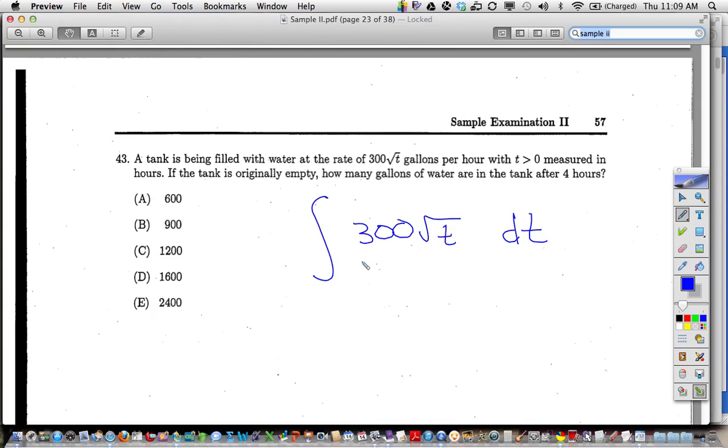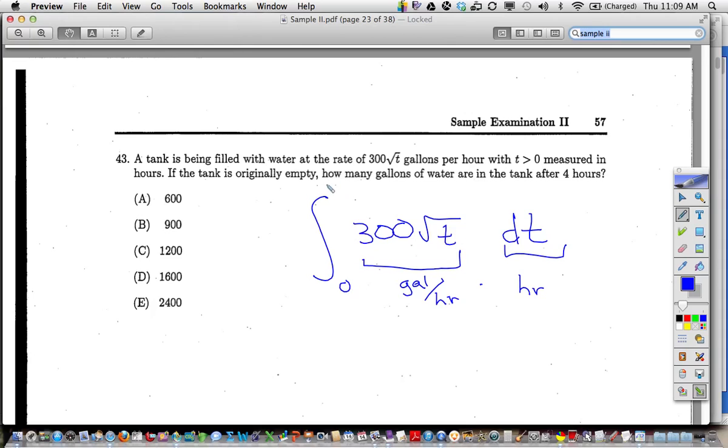Isn't that how we set this up? What are those units right there? Gallons per hour. What are those units right there? Hours. dt, change in time, right? Delta t, change in time. The t units are hours. Gallons per hour times hours is gallons. This integral is going to give us gallons.